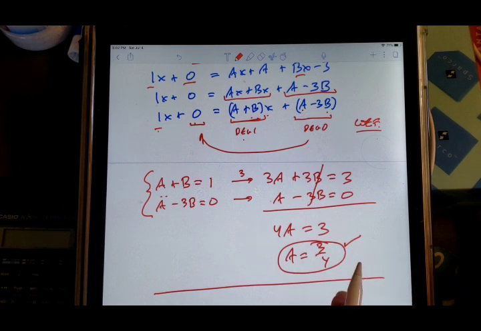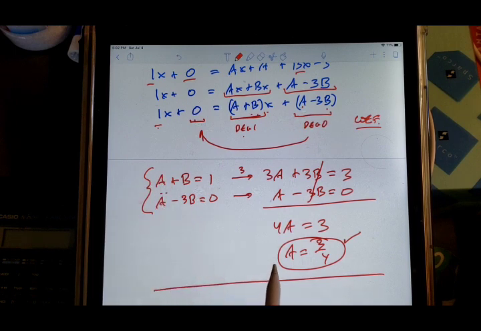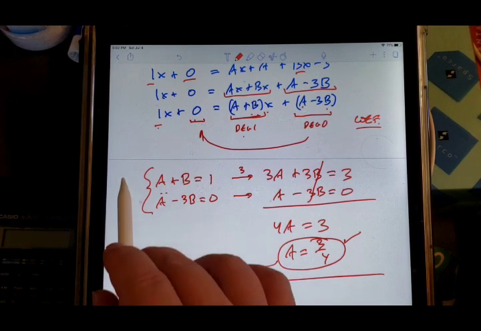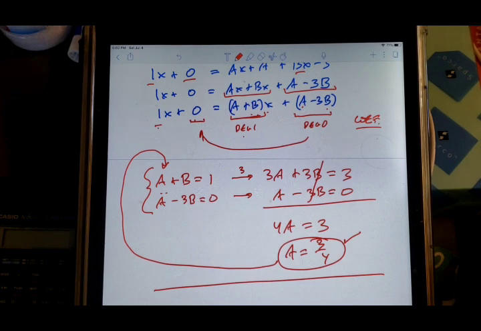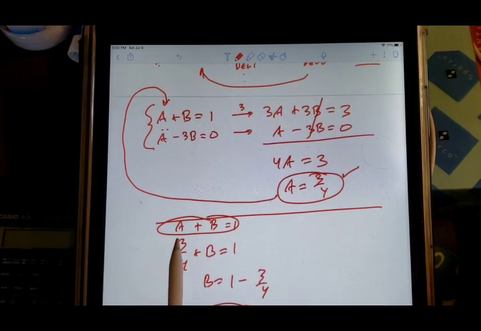Once I know that, I can recopy, I can back substitute it. Once I know a is equal to 3/4, I substitute it into this equation. It's called back substitution. So a plus b equals 1 becomes 3/4 plus b equals 1, and I get b equals 1/4.